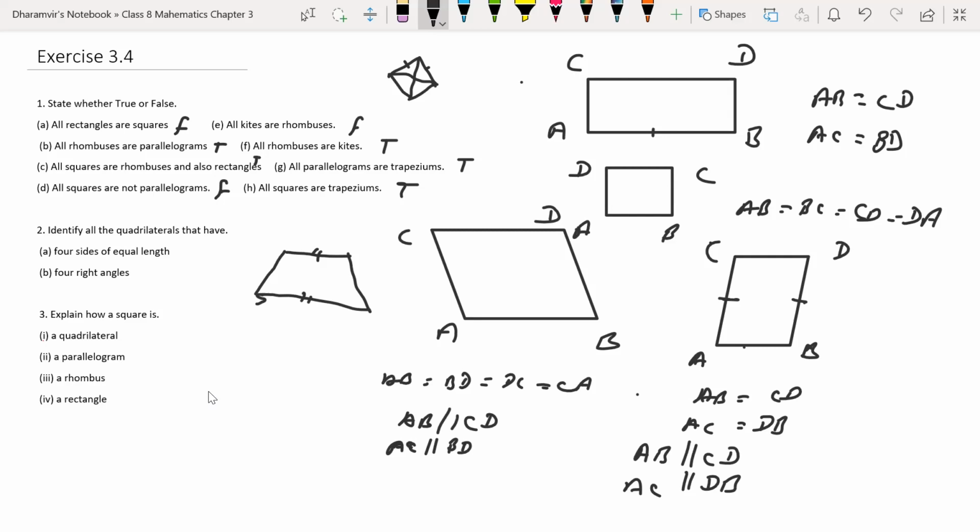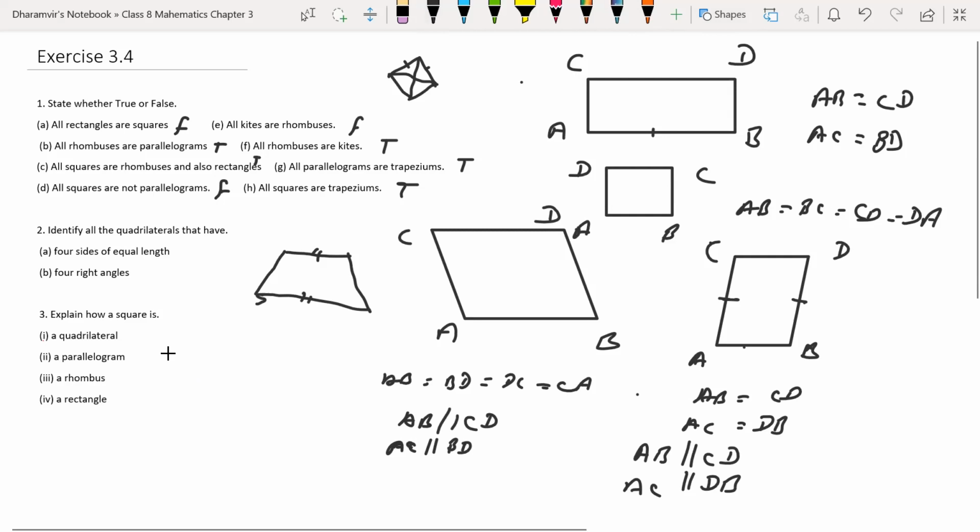Now come to the second question. Identify all the quadrilaterals that have four sides of equal length, four right angles. We have to find all quadrilaterals with four sides of equal length.